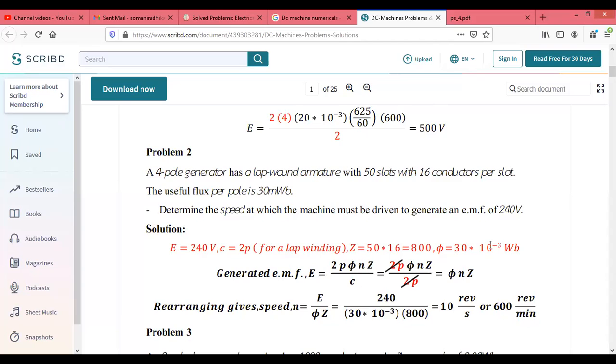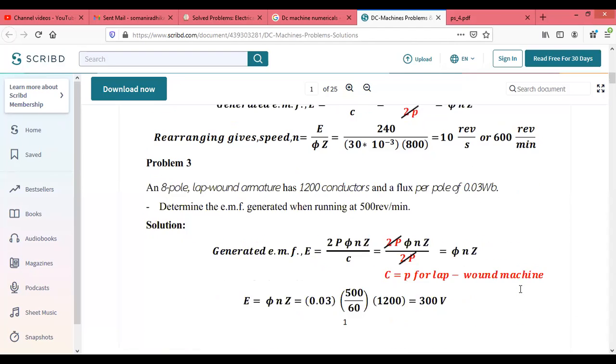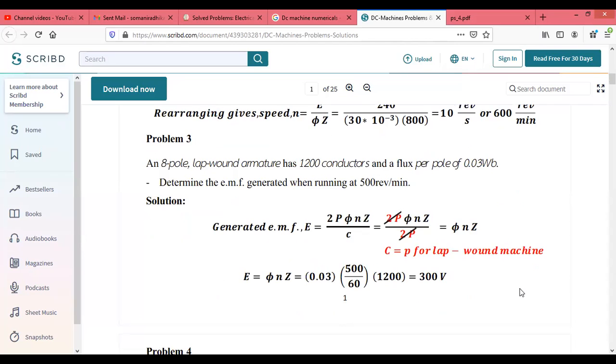So here, now we are supposed to solve one numerical. Again, this is also on the generated EMF equation, that is nothing but E equal to N P phi Z upon 60 A. You can write that equation, or you can write it in the form of P and C. How do you write it?